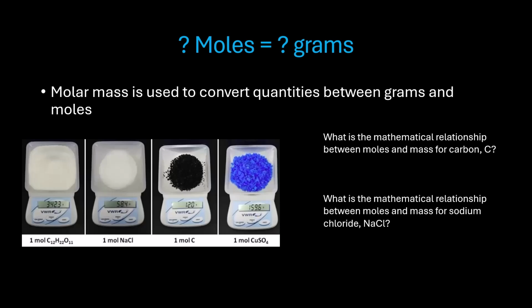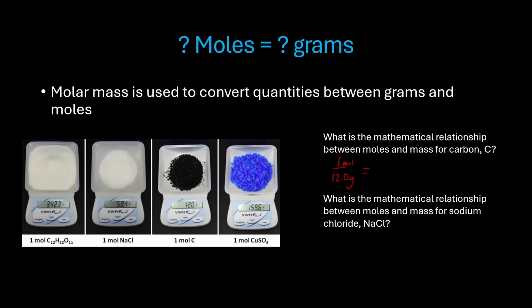So what is the mathematical relationship between moles and mass for carbon? Well, basically, it's going to be a conversion factor. For every 1 mole of carbon, we're going to have 12.0 grams of carbon. Okay, and so we could use that as a conversion factor.